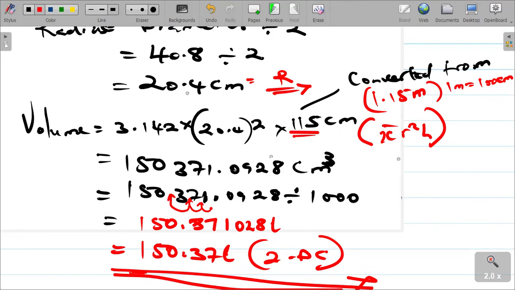Our r is 20.4, and then our height was in meters. We converted it to centimeters by multiplying by 100, because 1 meter is equal to 100 centimeters. With that, you are able to get all of these marks correct.